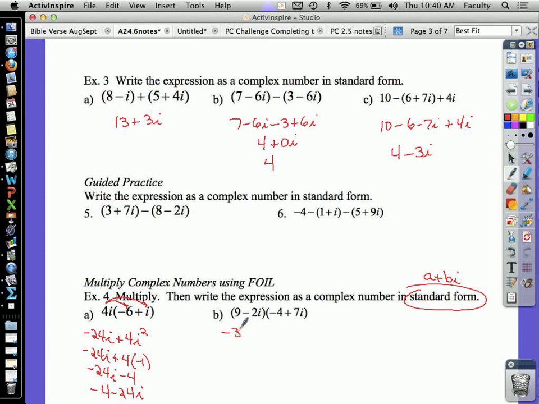I'm going to do the first, the outer, the inner, and the last. So take your time with these. I'm getting negative 36 plus 63i plus 8i minus 14i squared.